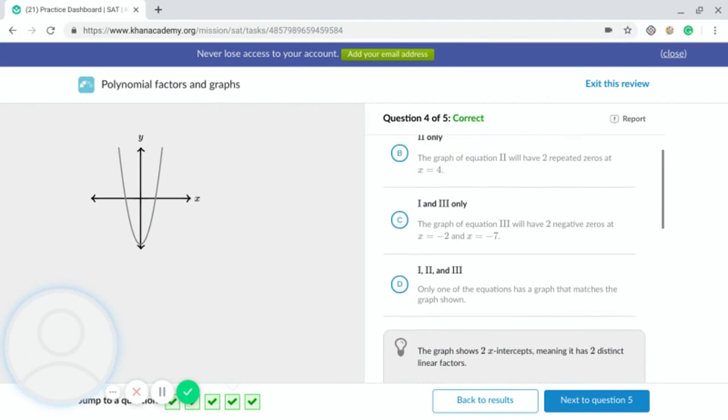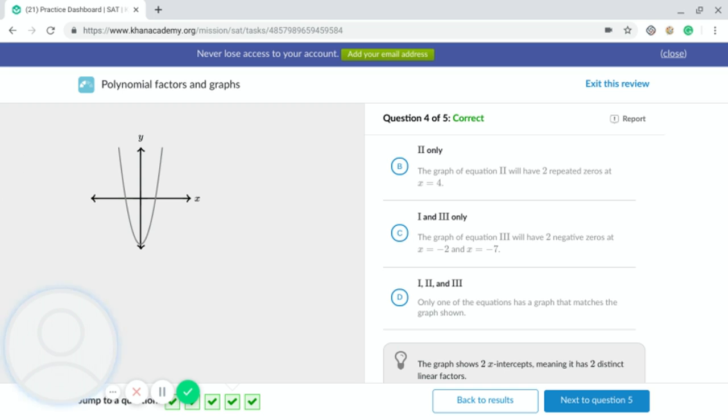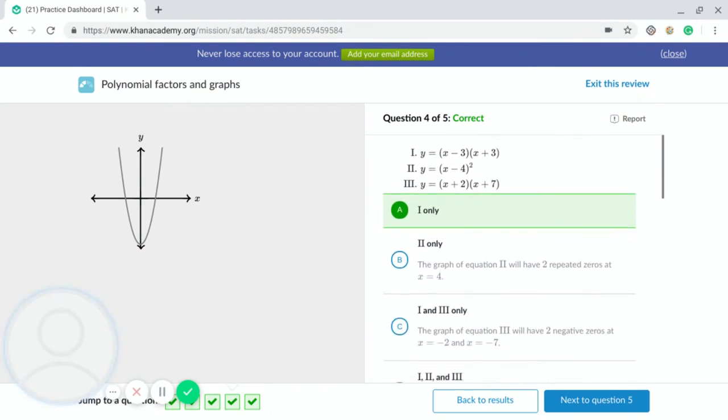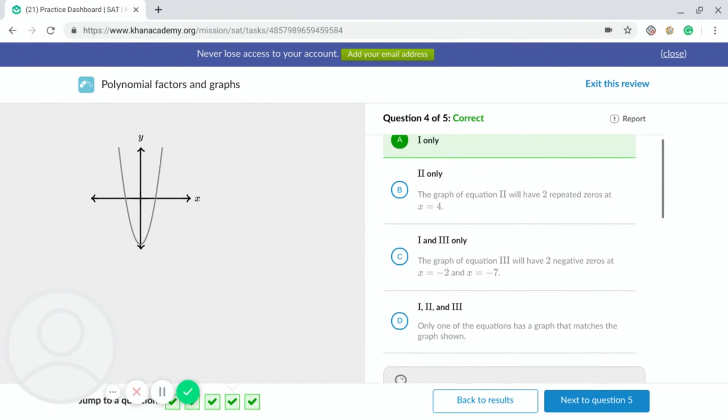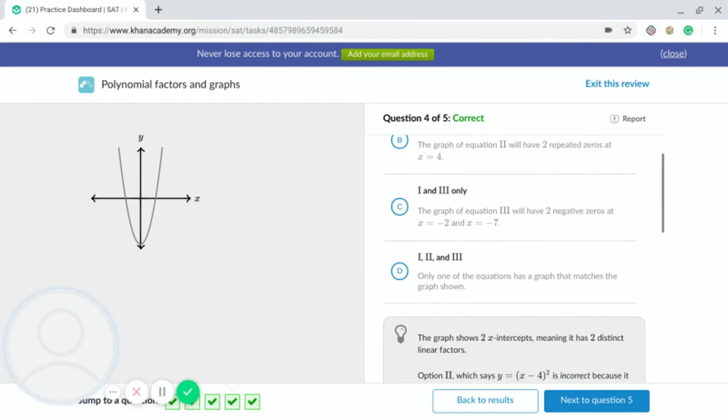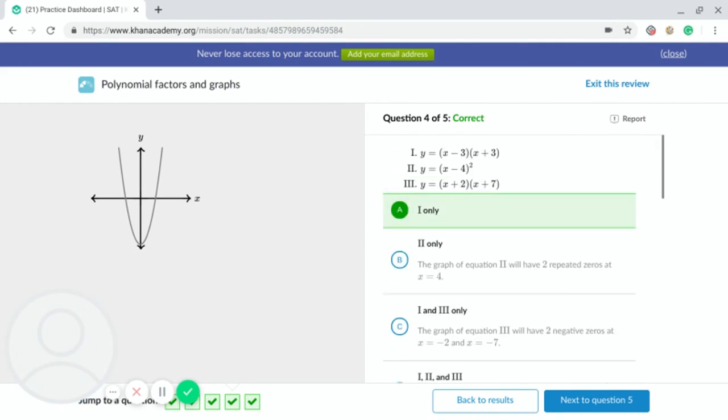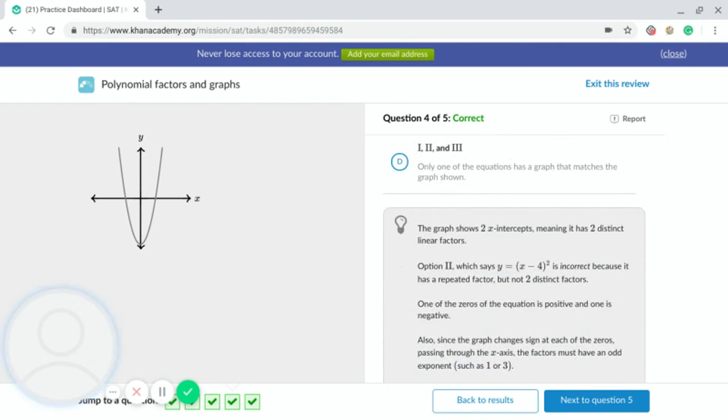So that means you get 2 different types of zeros when you put in 4. That's an interesting thought. I'm not exactly sure how you do that, but okay. The graph of equation 3 will have 2 negative zeros. Yeah, that's not good. Only one of the equations has a graph that matches the graph shown, which is number 1.